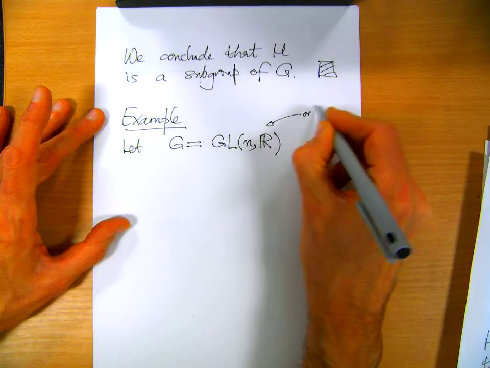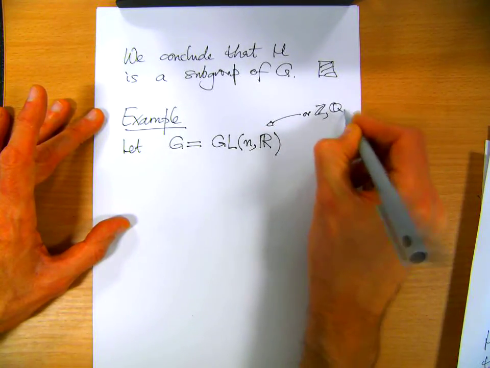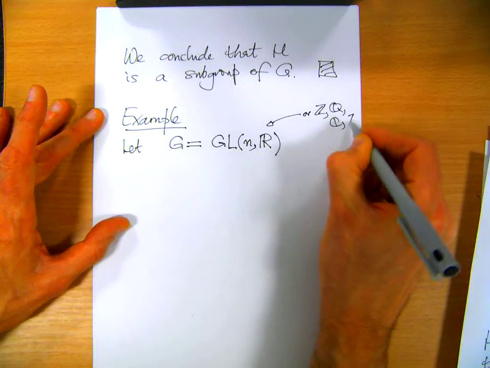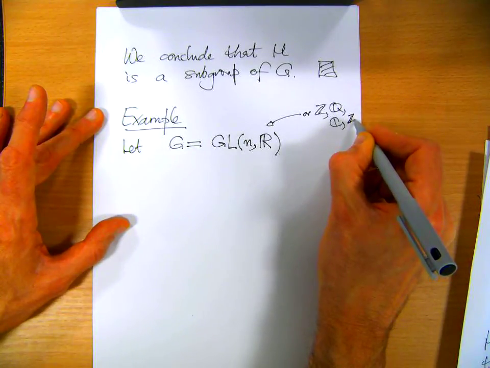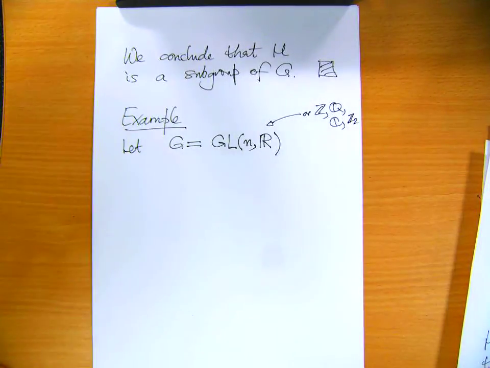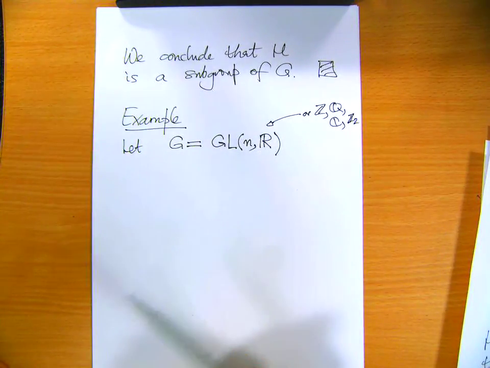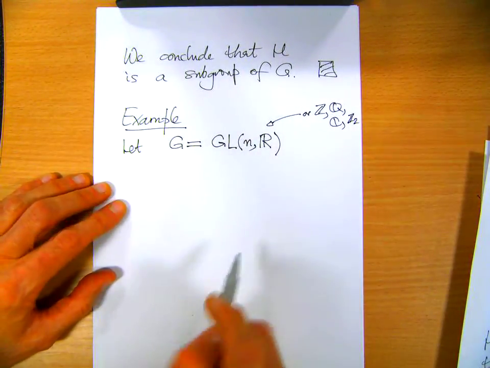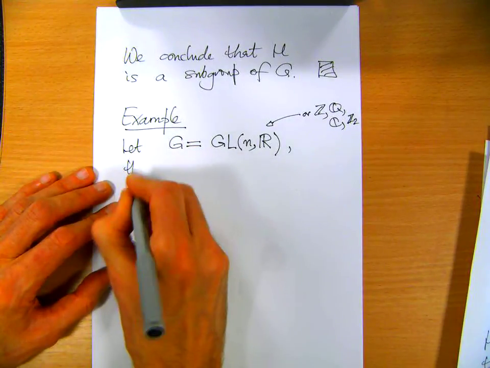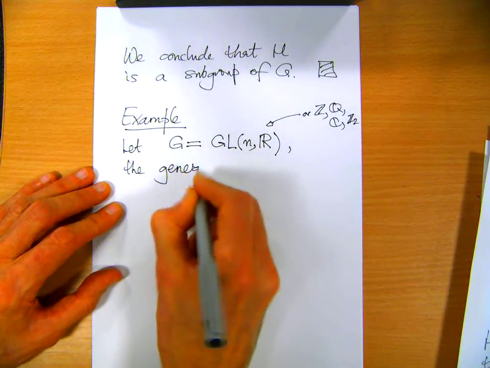So this could be the integers or the rationals or the complexes or the integers modulo 2, whatever you wanted. Some nice number system, to be technical, some ring. But let's choose the reals for definiteness. And n is some natural number. So this is the general linear group, or a general linear group.